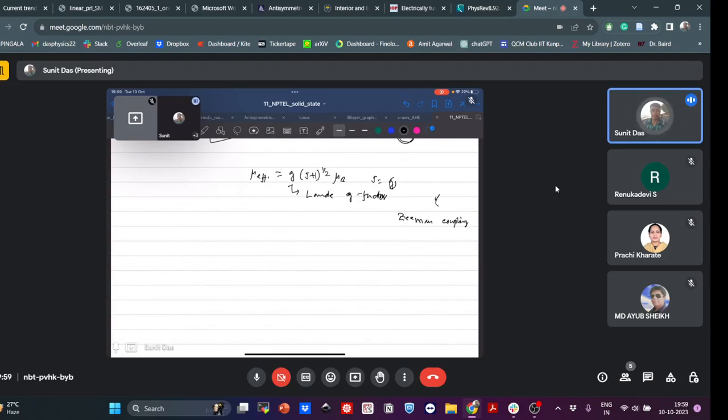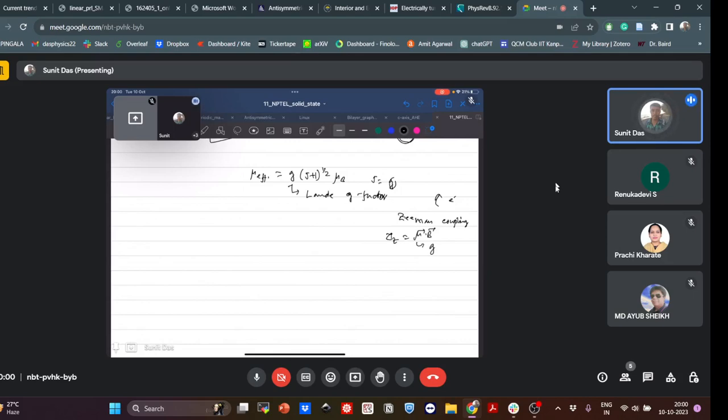When we apply a magnetic field, electrons couple to that Zeeman field as mu dot B. So this is the Zeeman energy, where mu is the magnetic moment. In mu there is the g factor.